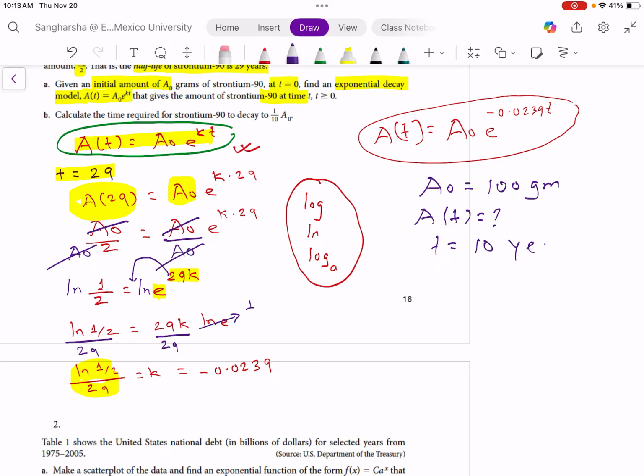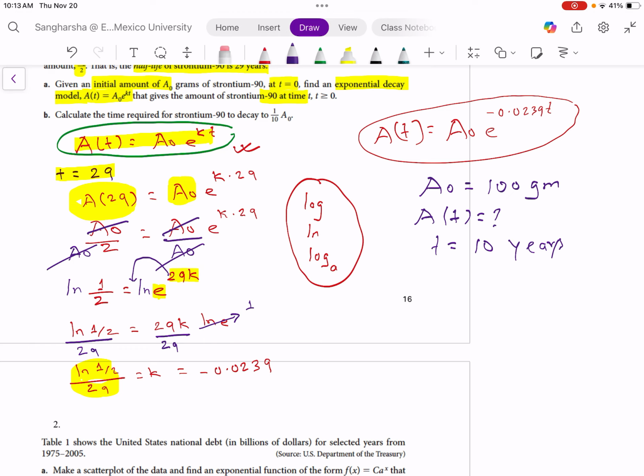Can you find this? So let's say we have 100 gram of strontium-90, the radioactive element. It does break down by itself, that's its property. Now what will be the amount of that strontium-90 after 10 years?